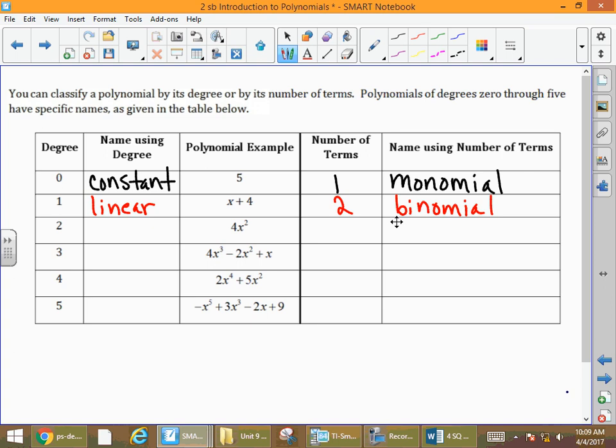Next one, degree 2. Done a lot of work with degree 2. 4x squared is an example. What do we call something of degree 2? Starts with Q. Quadratic.